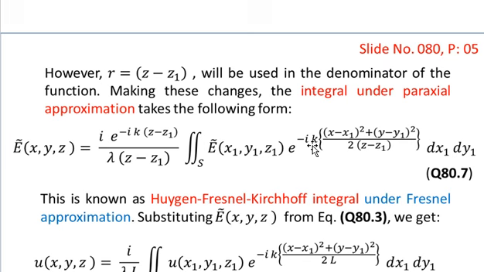And then we have e to the power minus iota k into, within the curly bracket, x minus x1 square plus y minus y1 square divided by 2 into z minus z1. And then we have dx1 and dy1.